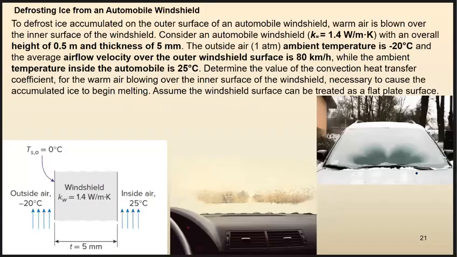Let's solve an example. Defrosting ice from an automobile windshield. To defrost ice accumulated on the outer surface of an automobile windshield, warm air is blown over the inner surface of the windshield. Consider an automobile windshield that has a conductivity of 1.4 watt per meter Kelvin with an overall height of 0.5 meter.